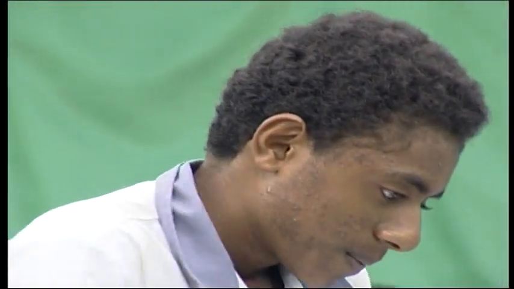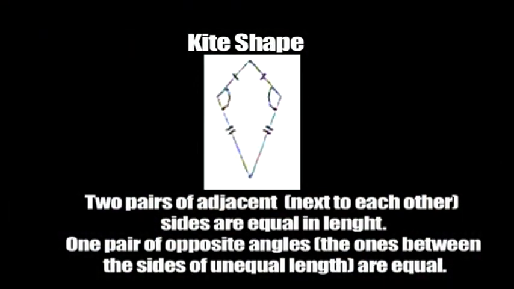Okay, very good. Now, like what Donald has said, on the screen the answer we should have is a kite. The shape is a kite. And why it is a kite is because two pairs of the sides are adjacent, meaning that they're next to each other, and are equal in length, and one pair of opposite angles are between the sides of unequal length.